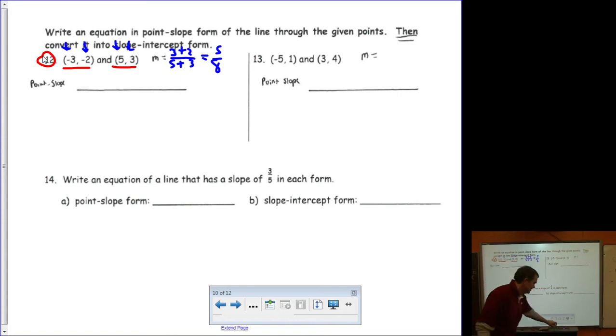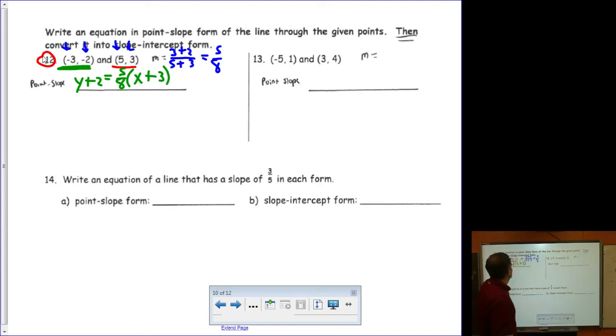I'm going to go ahead and write this equation using the first point. So my equation would be y minus the y value equals the slope times x minus the x value, but it's minus negative 3, which is really plus 3. There's my equation in point-slope form.